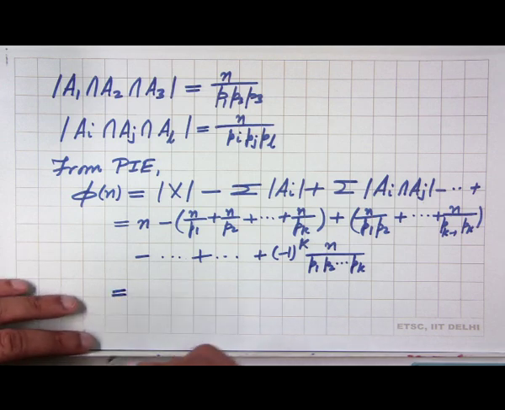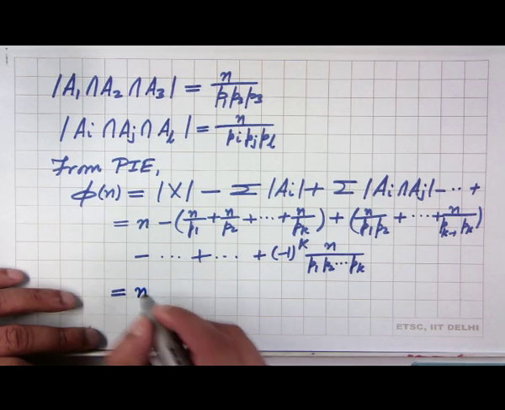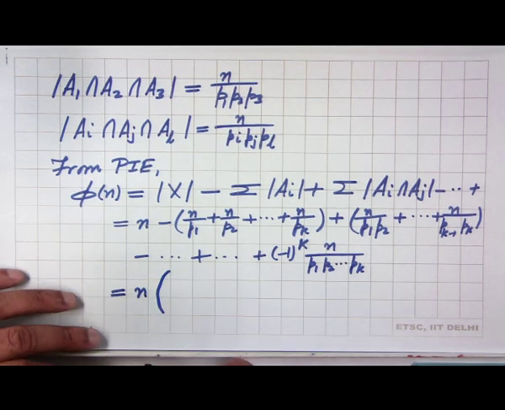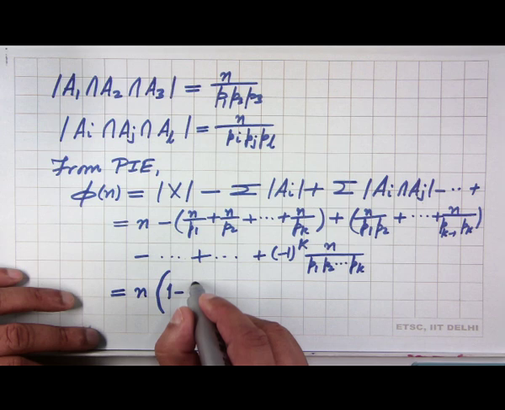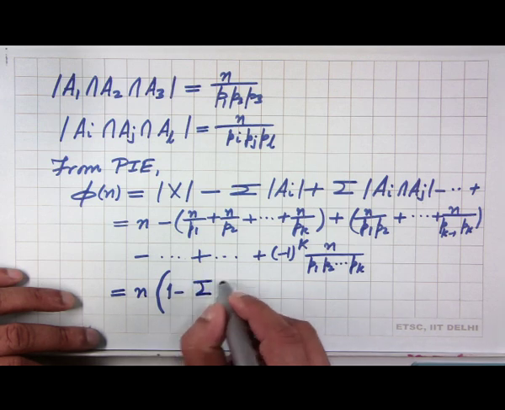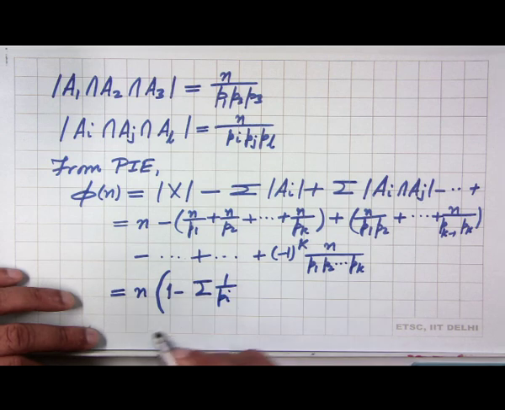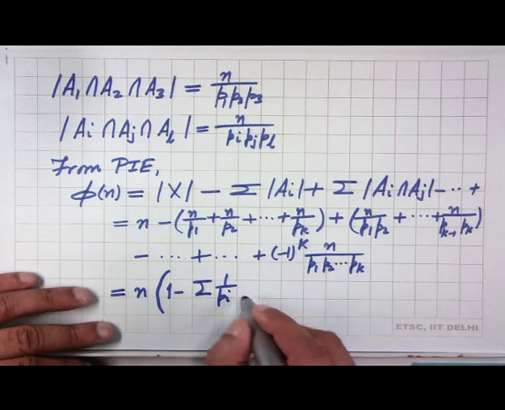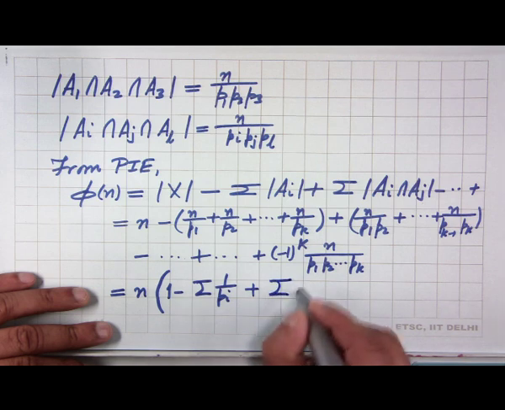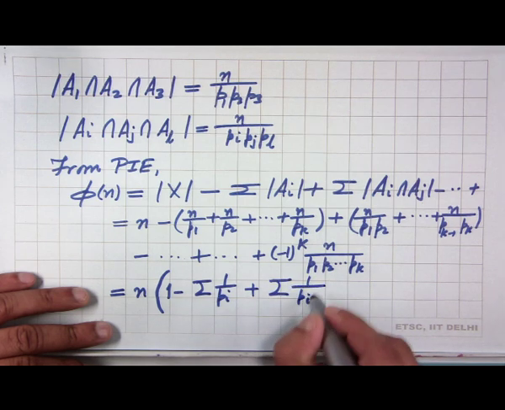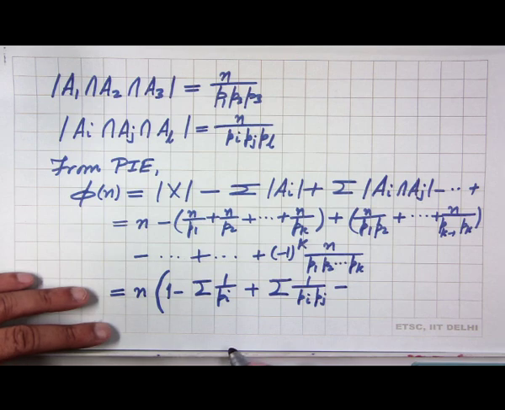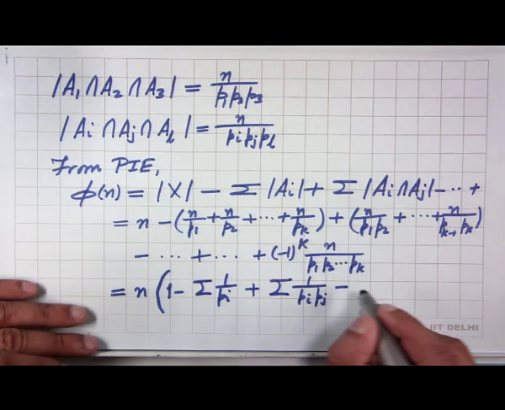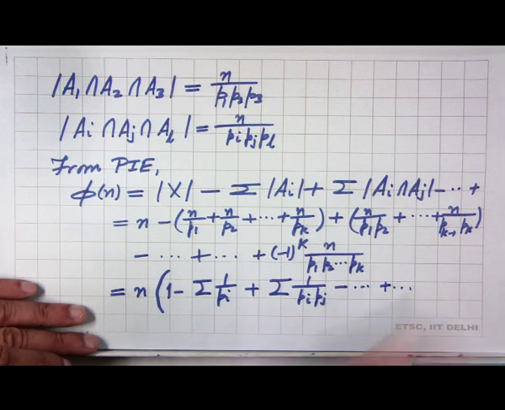The first thing that strikes me is I can pull this n out, and I get 1 minus, and I have something like sigma 1 by pi plus sigma 1 by pi pj, and then minus sigma 1 by pi pj pr, pl, whatever, dot dot dot, plus dot dot dot.